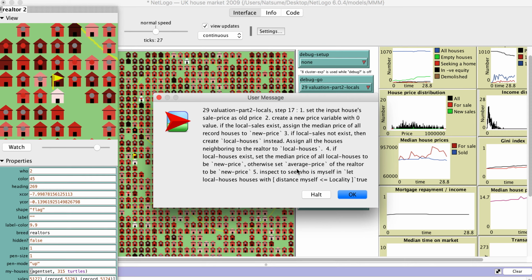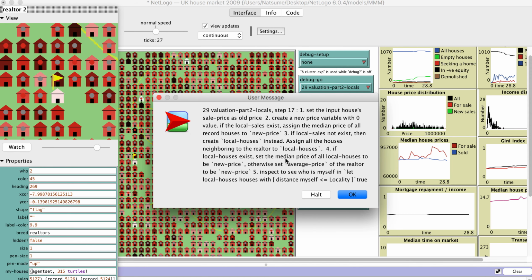So the houses with distance to realtor smaller than this area. This is why we say the realtor will just check its surrounding areas for houses and then guess their price and use those median prices to be the new price. So this we need to take note of. So this is the second step.